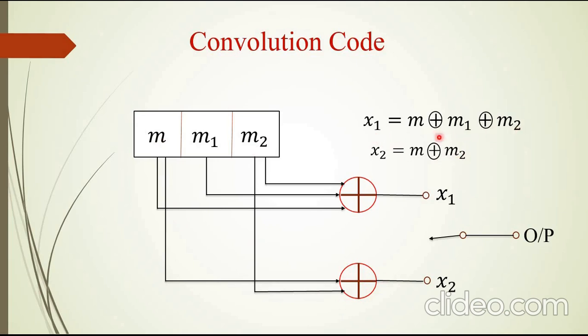So x1 equals m plus m1 plus m2, where this addition is modulo 2 sum, and x2 equals m plus m2. When you see the resultant output, it is getting switched between x1 and x2, and that gives the output string one can obtain here.